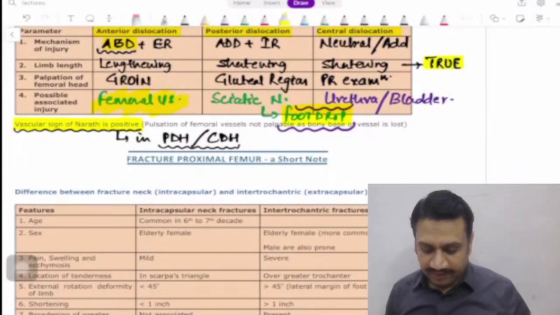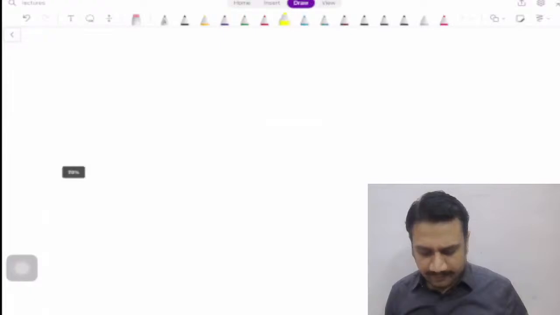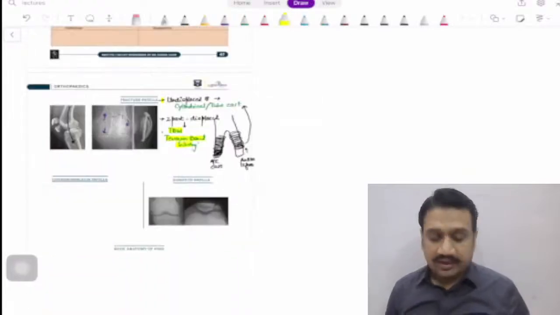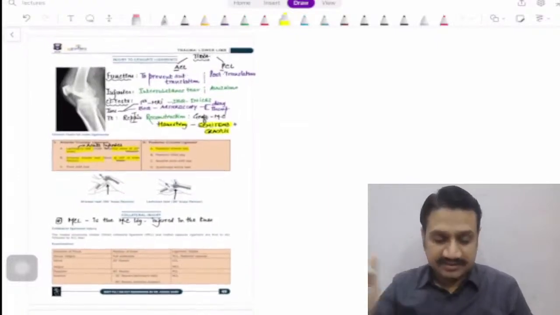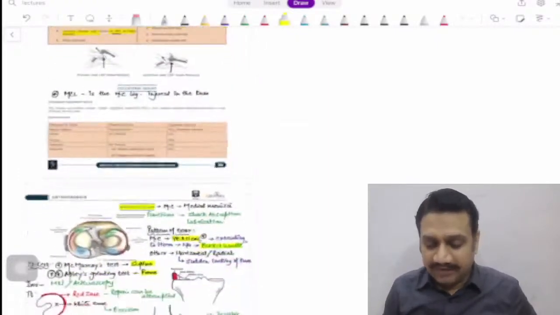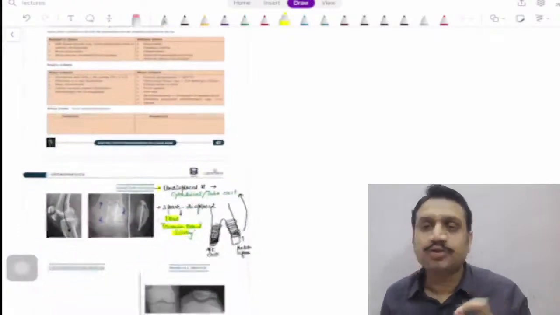After that, what I want you to remember is the concept of patella. In patella, please remember these two things. The patella is the biggest sesamoid we have, right? If it is an undisplaced fracture, what is the plan? The plan is a cylindrical cast or tube cast.